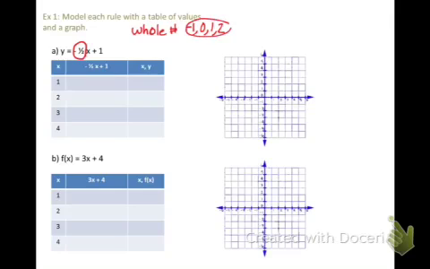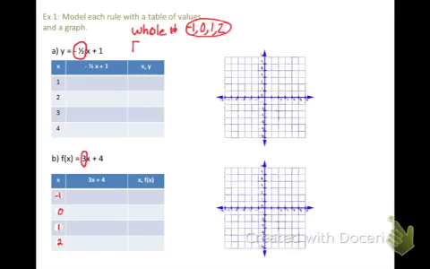So if I look at B, the number in front of the x is a whole number, so I'm going to erase the numbers in my table, the same kind of table as in the last lesson, and instead of 1, 2, 3, 4, I'm going to put -1, 0, 1, and 2.